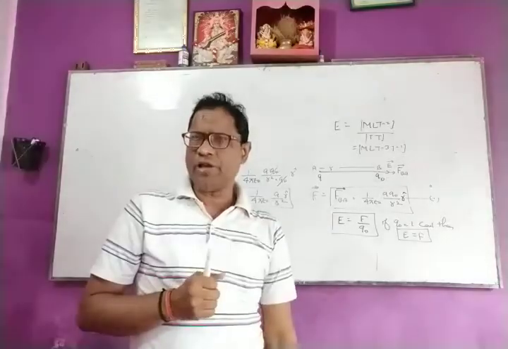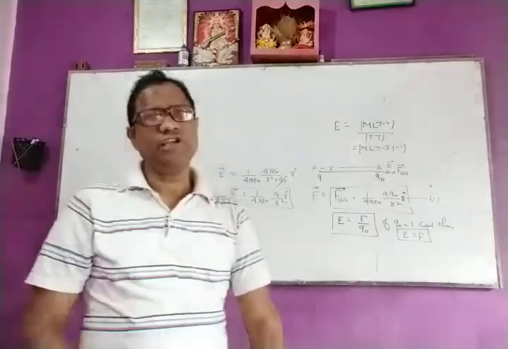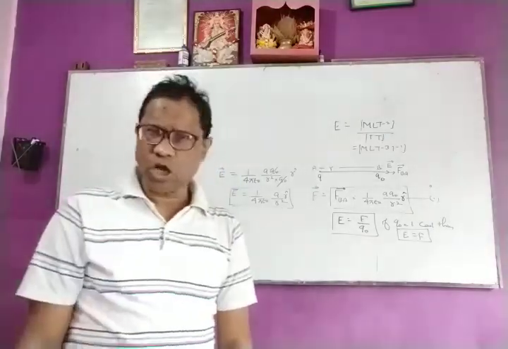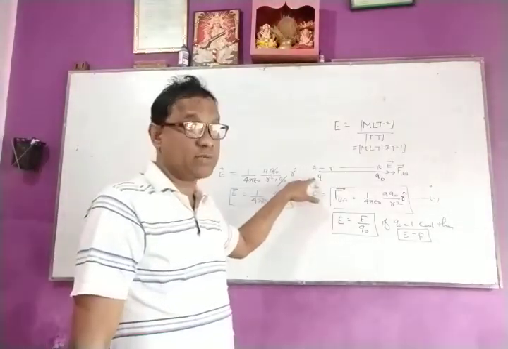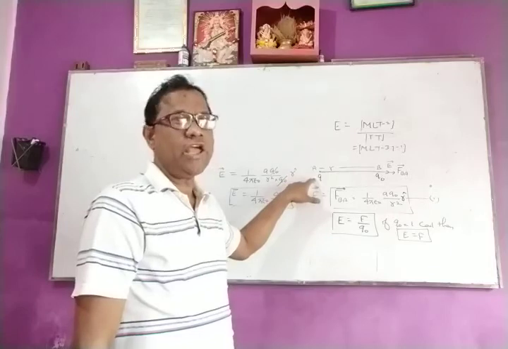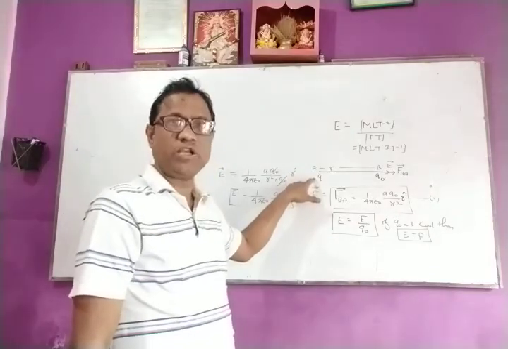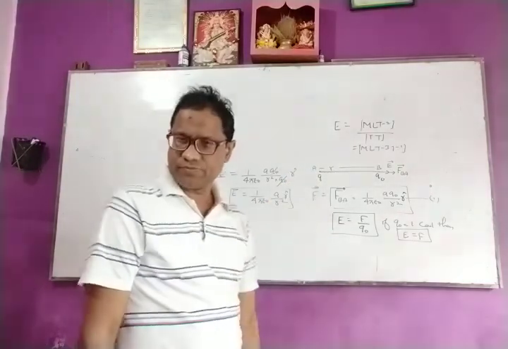This is the formula in terms of the source charge, where Q is the source charge. In terms of the test charge, E is equal to F upon Q naught, where Q naught is the test charge.